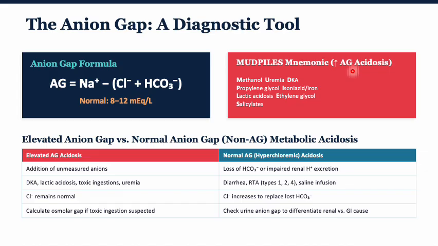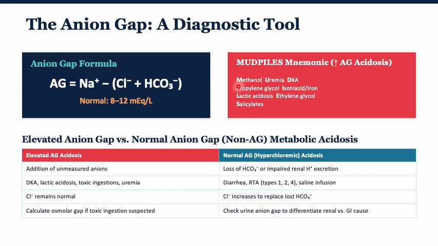Things that can increase your anion gap in the state of an acidosis, we have this mnemonic called MUDPILES. It's been around for many, many years.